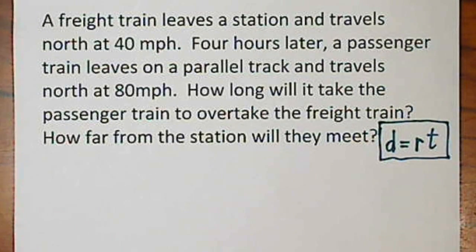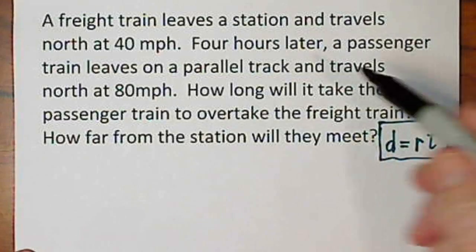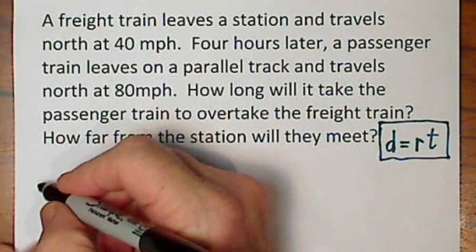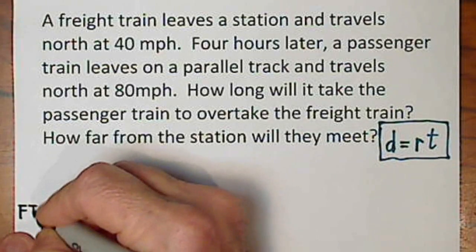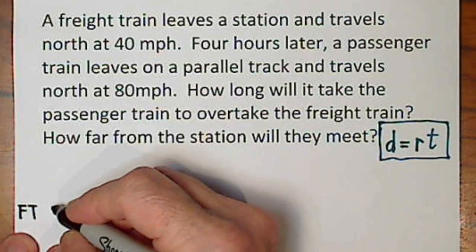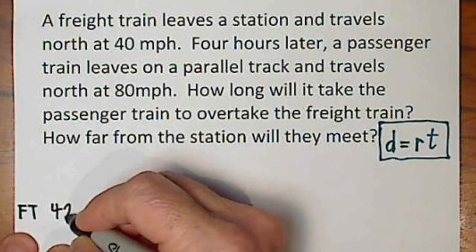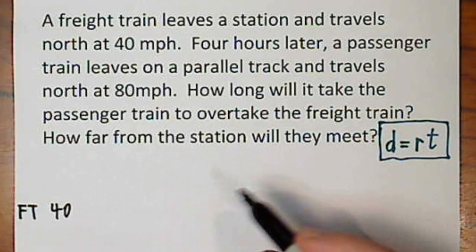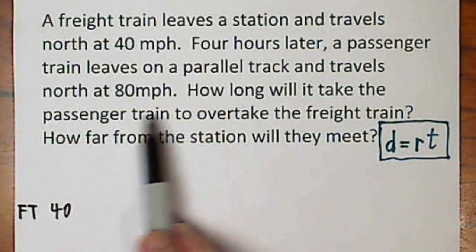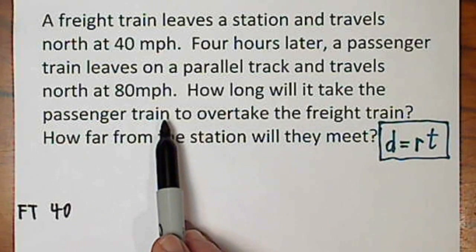To get things started, we need our categories. Okay, so we've got a freight train, so let's say that's our FT, and it's going at 40 miles per hour. I'm just going to put 40. And then the other one we have is a passenger train.